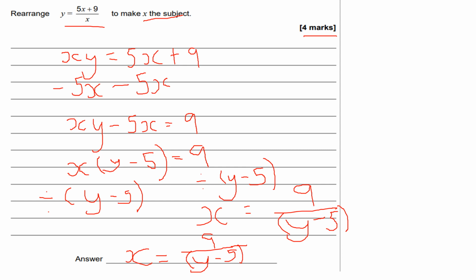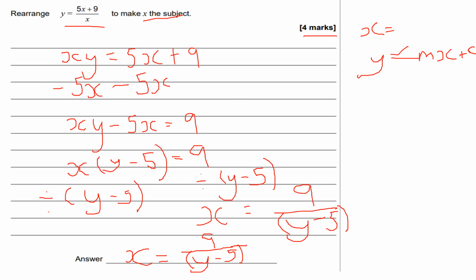So this one here is higher tier explicitly, looking at rearranging formulae where the subject appears twice. The one that is a bit lower level, if it's in the form y is equal to mx plus c, let's say, and it asks for x to be the subject, these sorts of questions would appear on a foundation paper.